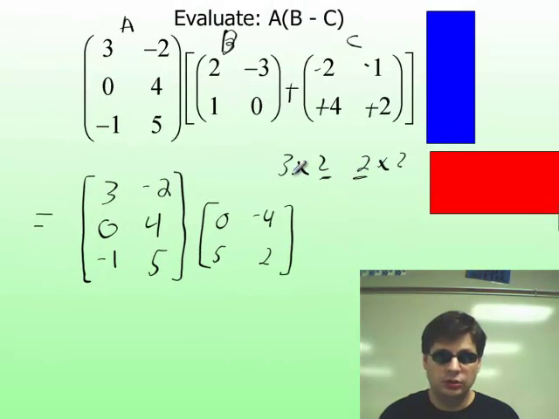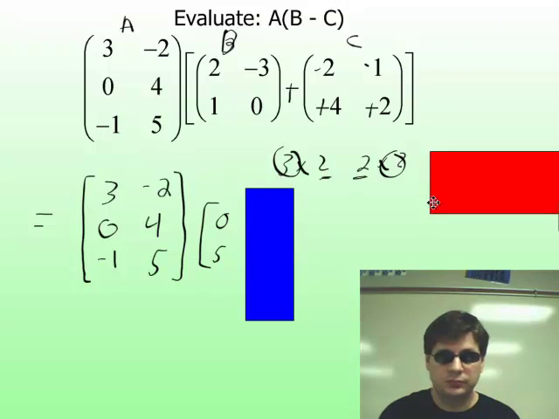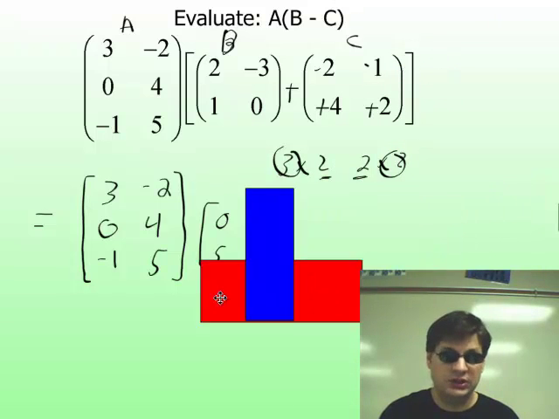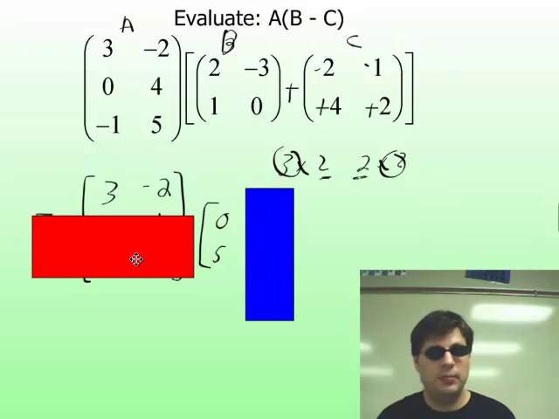My end result should be a 3 by 2 matrix if we do this correctly. I'm going to cover up the second column in the second matrix, and I'm going to cover up the bottom 2 rows in the first matrix so that I'm only looking at the first row in the first matrix and the first column in the second matrix.